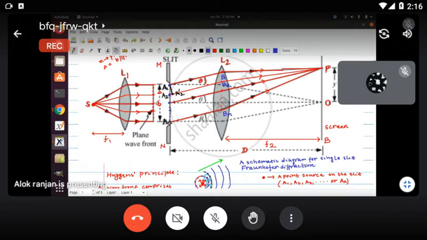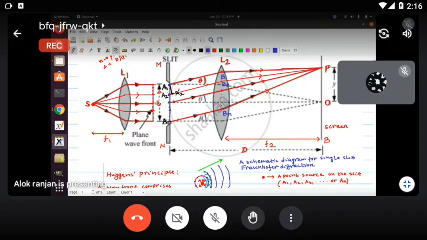Okay, and if you look at this schematic diagram, you will find there are some variables or parameters. For example, theta, the angle between the diffracted beam and the undiffracted beam, and then we have b, the width of the slit.